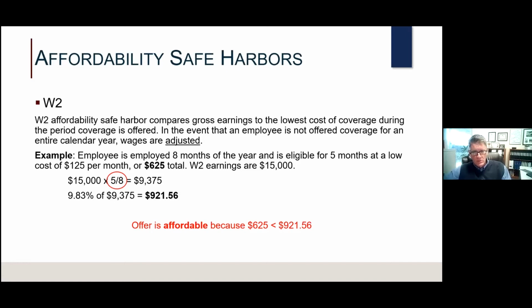So we're not going to do any of this math here in this webinar. The slide's here for reference, but in this particular calculation example, it shows that for somebody whose W-2 earnings were $15,000 that worked for only 8 months out of the year, their offer of coverage is affordable.